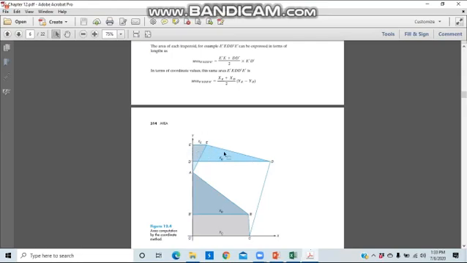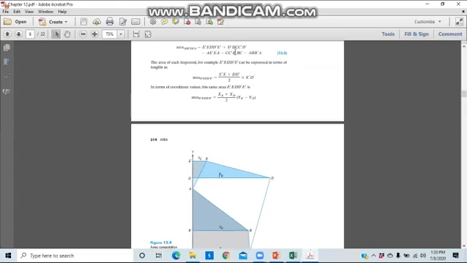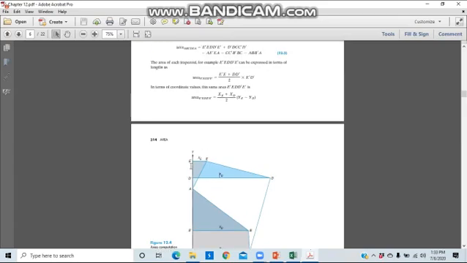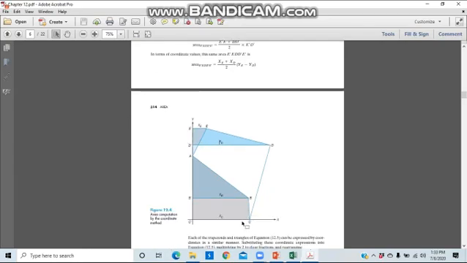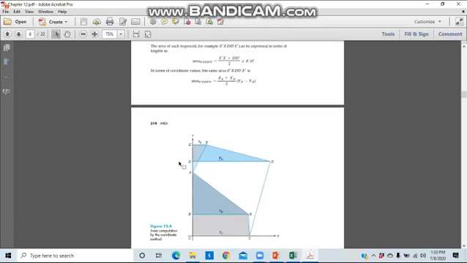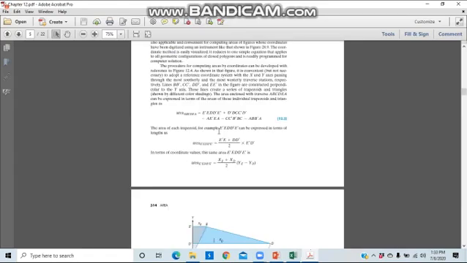Plus the trapezoid D dash D, C, C dash, D dash. So this whole area, this plus this, is the whole figure, right?